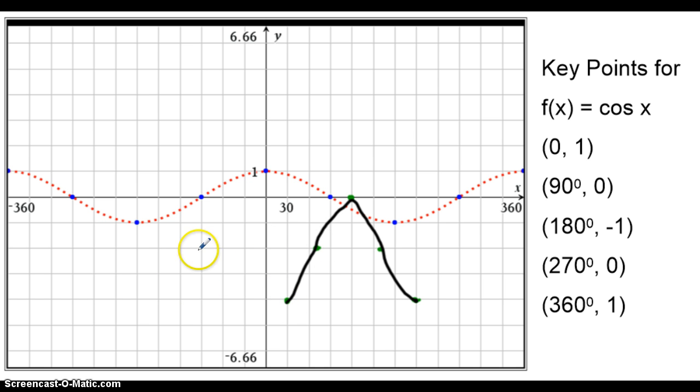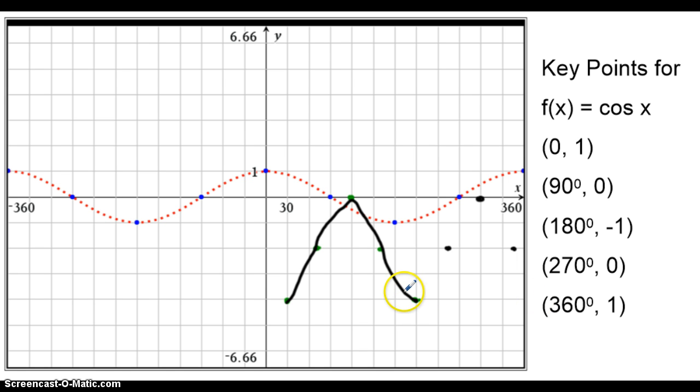So every point is going to be repeated 180 degrees later. So let's take, for example, this maximum. We want to repeat it 180 degrees later, which would be right here. This point would be halfway between. This point would be approximately here, and that end point would just be out of sight.